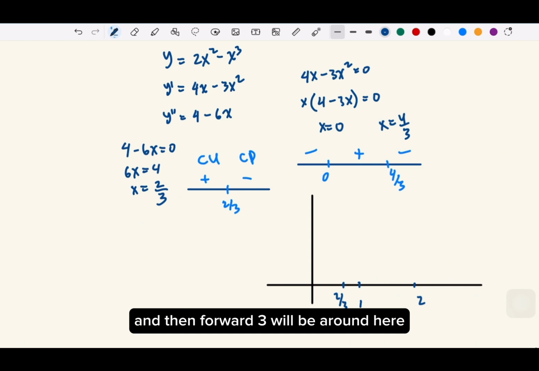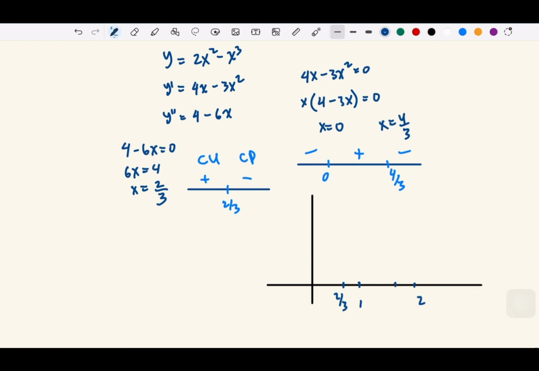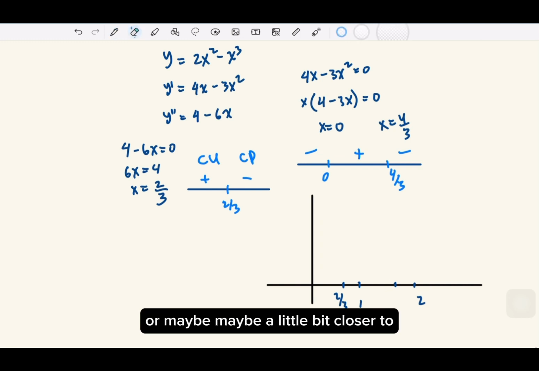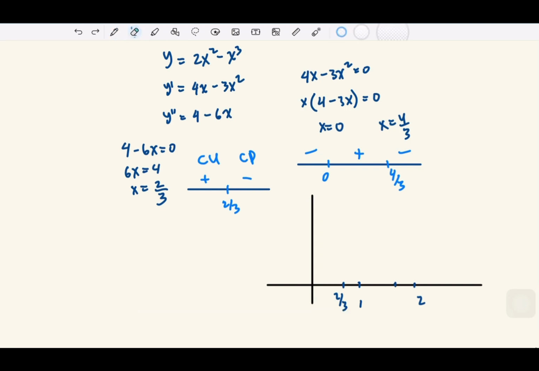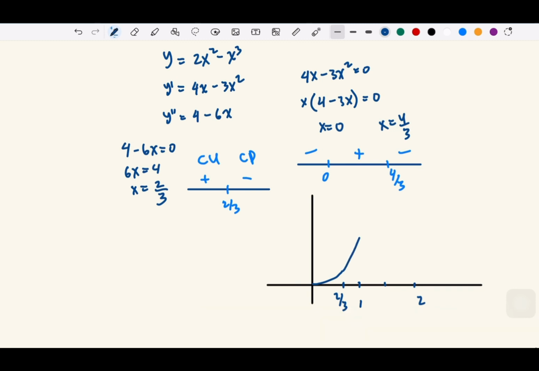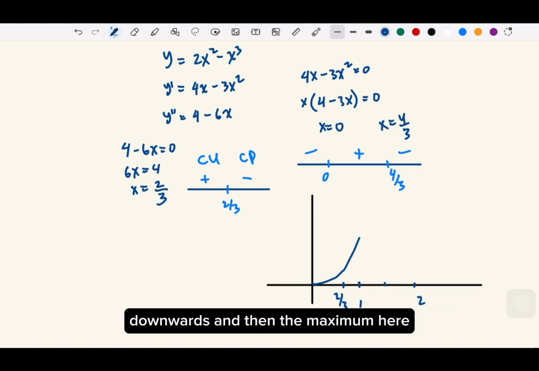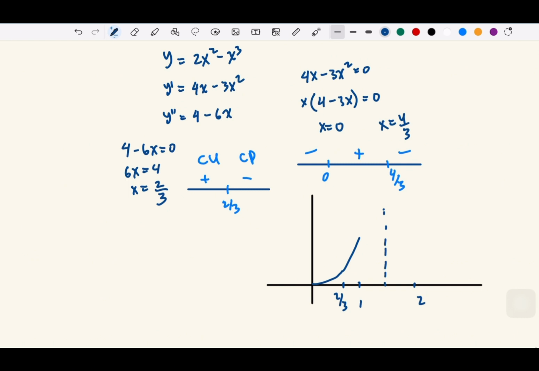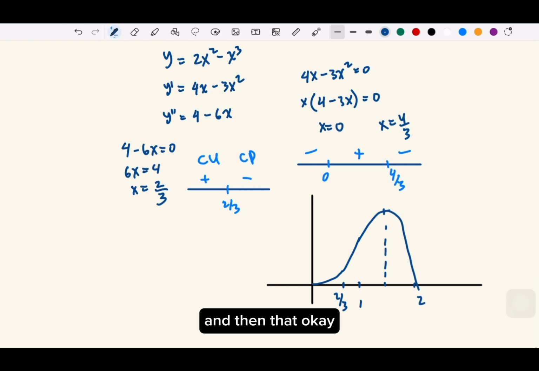And then 4/3 will be around here, or maybe a little bit closer to this. Oh, sorry. So that will be concave upwards and then downwards, and then the maximum here will be that, and then that. Okay.